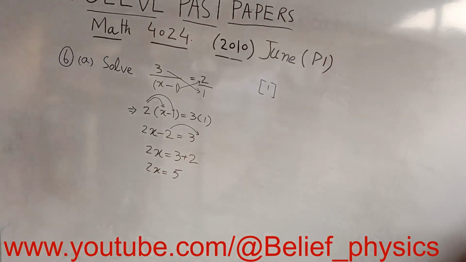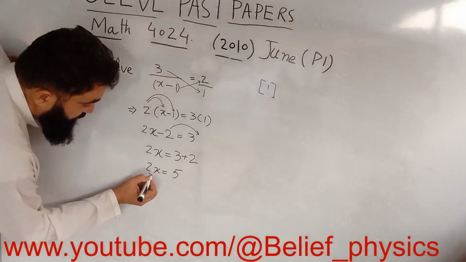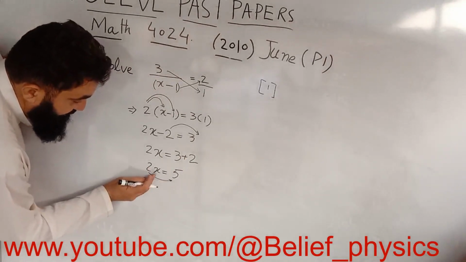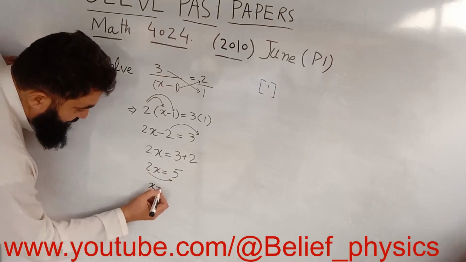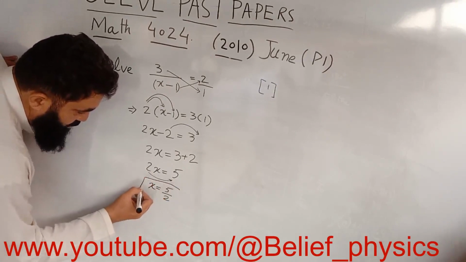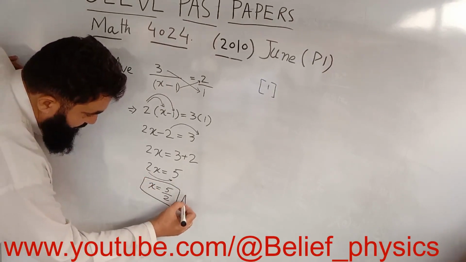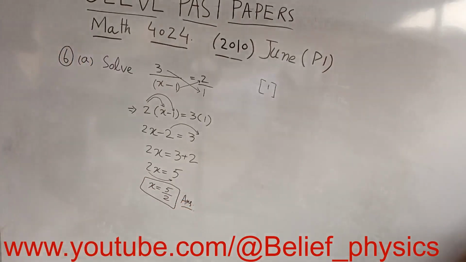Now we have to find the value of x. So shift 2 here. Here it is multiplying. When it is shifted towards the right hand side, we will divide it. So we get x is equal to 5 over 2. So x is equal to 5 over 2 is the answer of this question. That's it. So this is how you solve linear equations.